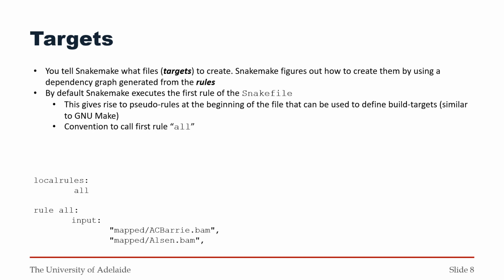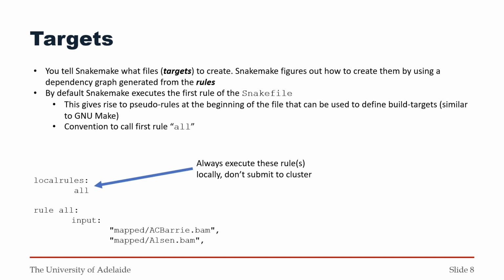I have this rule that I call all by convention, and its input are all of the target files I actually want the pipeline to create. So in this case, if I executed this Snakefile, it would automatically say, okay, I need to make these two files, mapped/acbarry.bam and mapped/alson.bam. And it will then figure out how to go about doing that from any other remaining rules that are defined in the Snakefile.